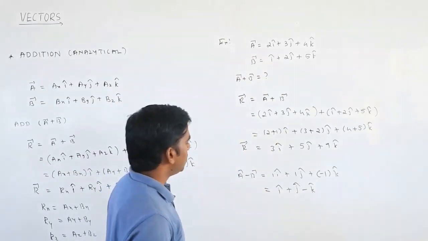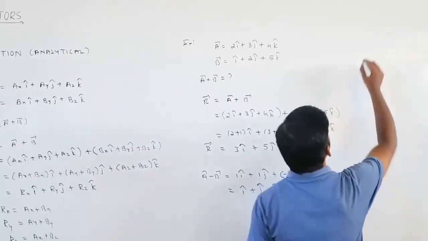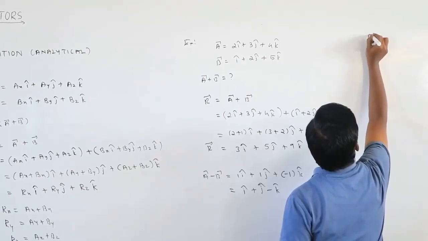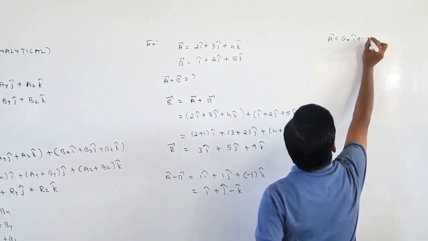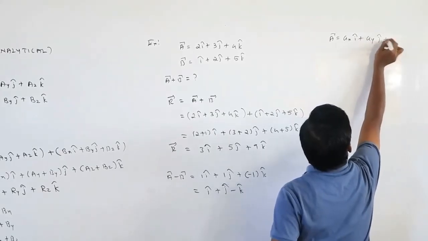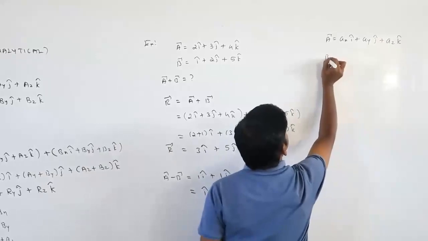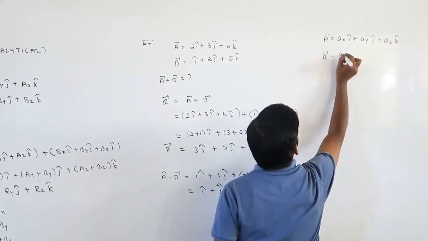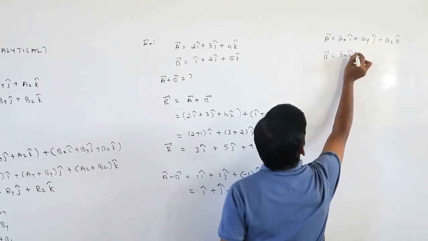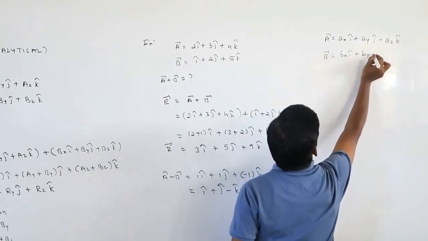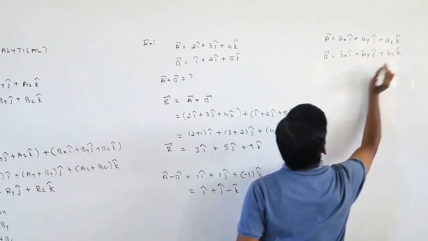So this is how you can get it, or they may give you 3 vectors also. If you look at your NCERT book, they have given a as ax i cap plus ay j cap plus az k cap, b as bx i cap plus by j cap plus bz k cap.